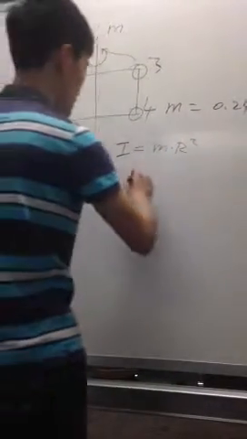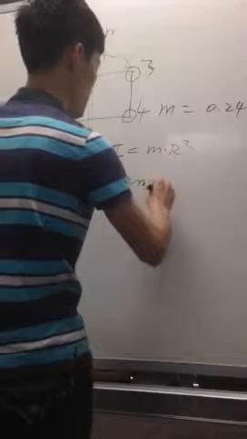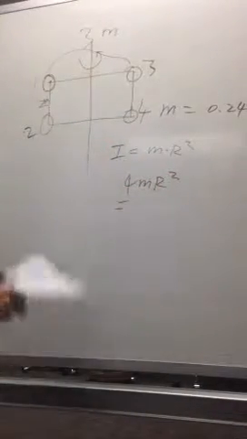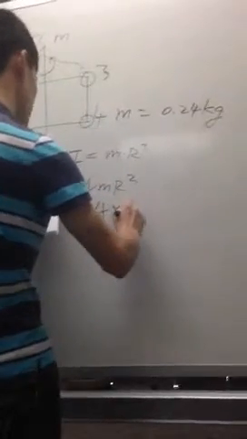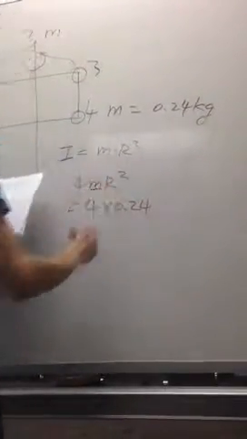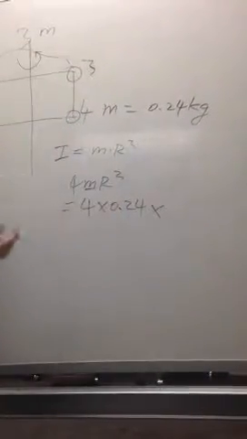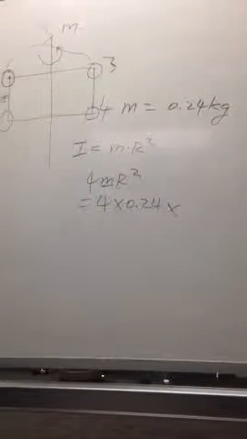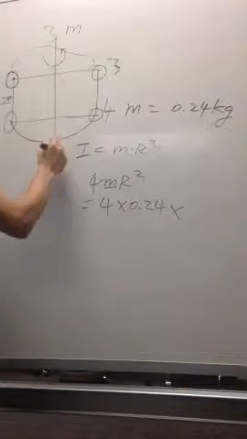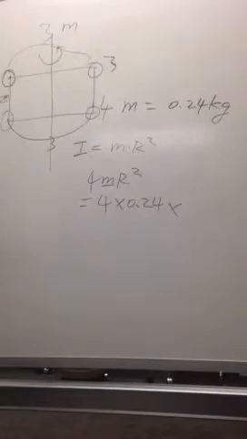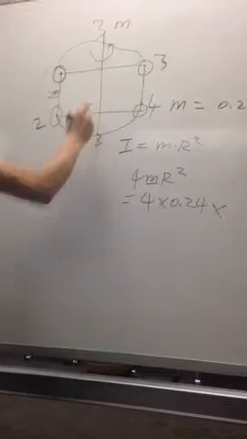For 4 of them will be 4 times m r squared. So it's 4 times 0.24. That is m. What is r? So it's 3. Here is 3. It's a diameter. Oh, okay. So the r will be 1.5.